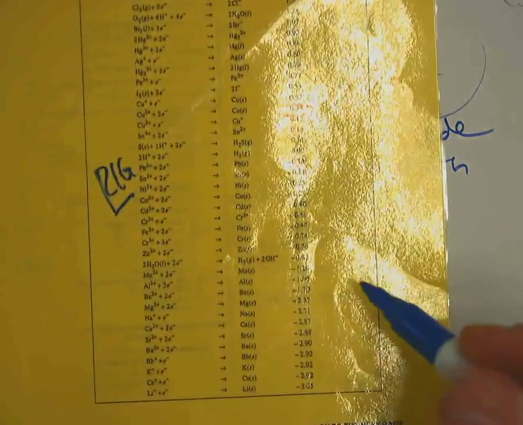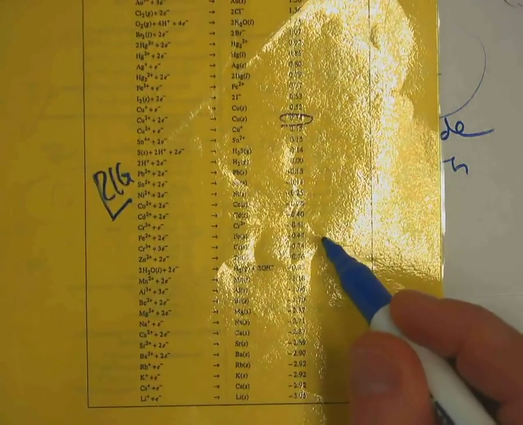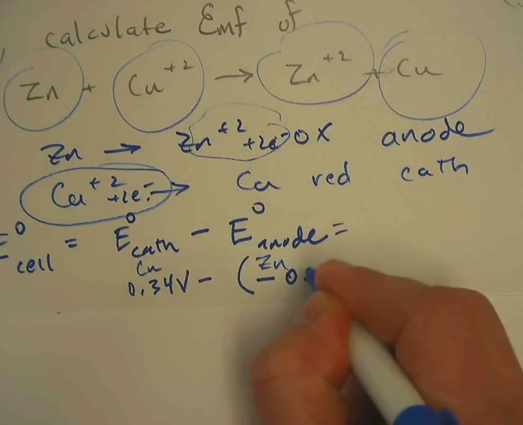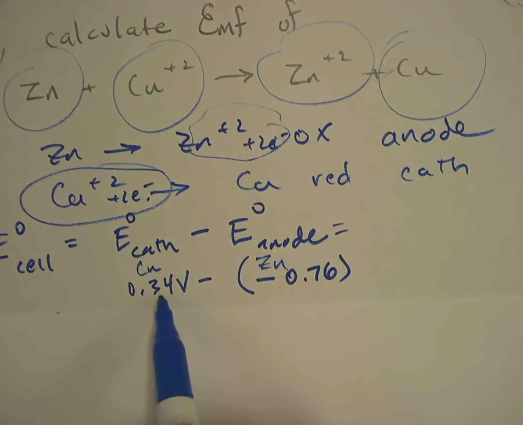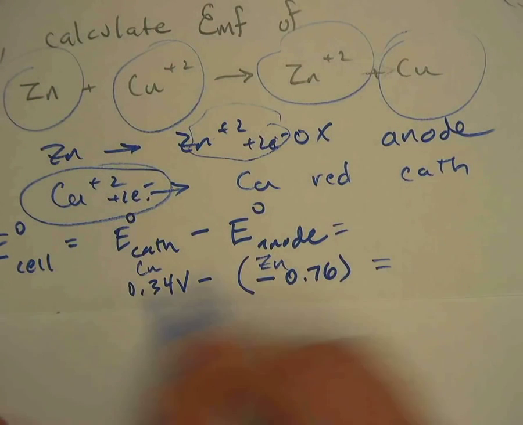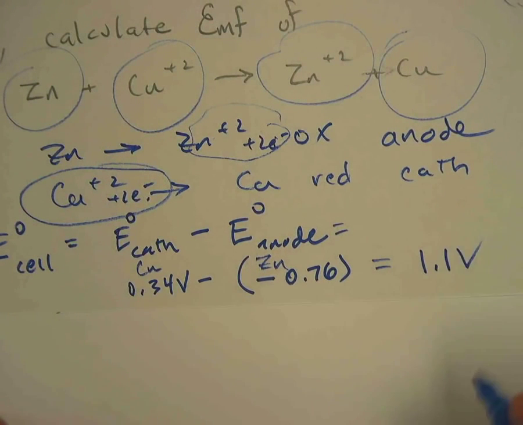I still take the value that I get from right here, negative 0.76, and I put it into this equation, negative 0.76. And now I take 0.34 minus a minus 0.76. And if I do my math right, I think I end up with about 1.10 volts.